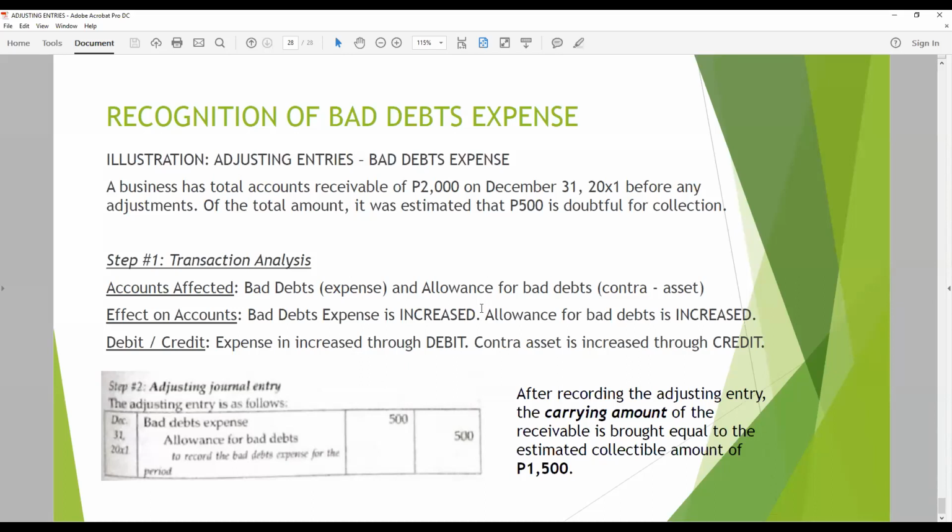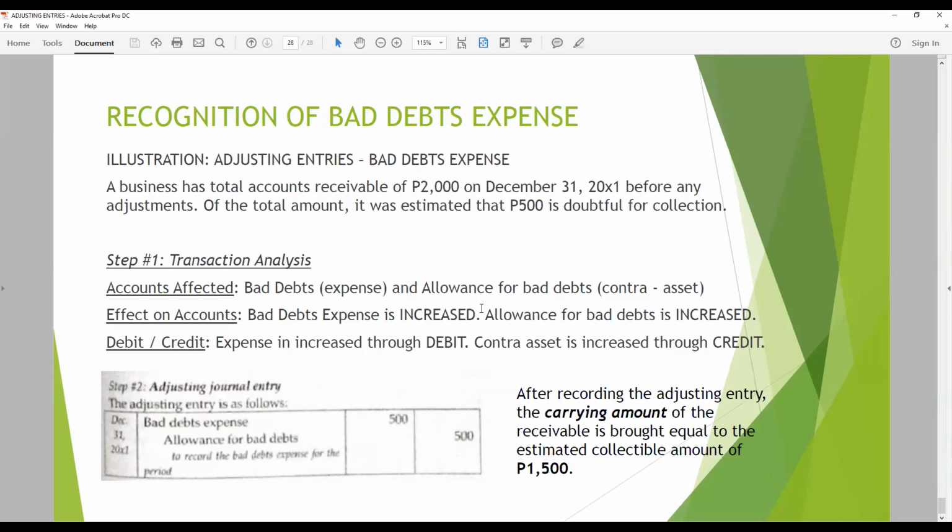So sa balance sheet, meron kayong accounts receivable, normal balance debit, and contra account of allowance for bad debts credit. So, tandaan nyo, yung contra account ng PPE is accumulated depreciation. For your accounts receivable, you also have a contra account of allowance.